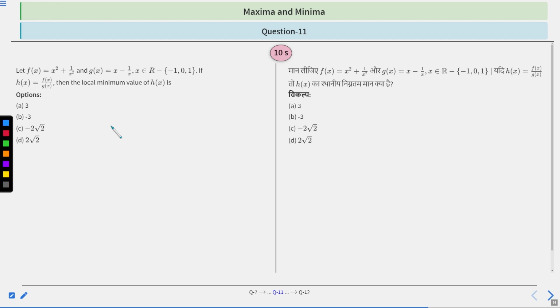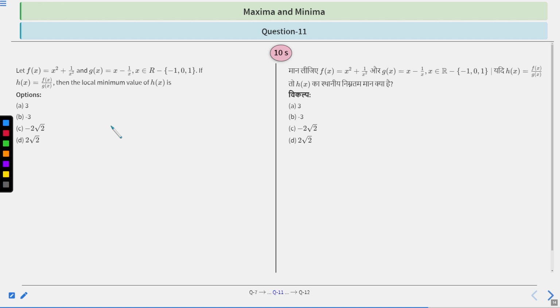So let f(x) is equal to x square plus 1 by x square, and we have g(x) as x minus 1 by x. In this way, you have to find the minimum value. So we will find h dash x then. Or see, if we find a certain method so that we do not need to find h dash x, because calculation of h dash x and h double dash x will be very time consuming.